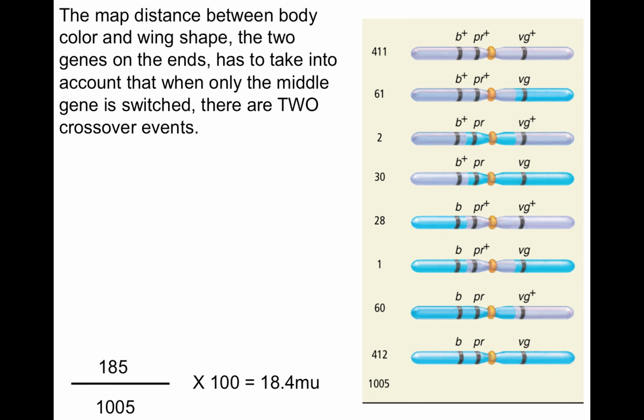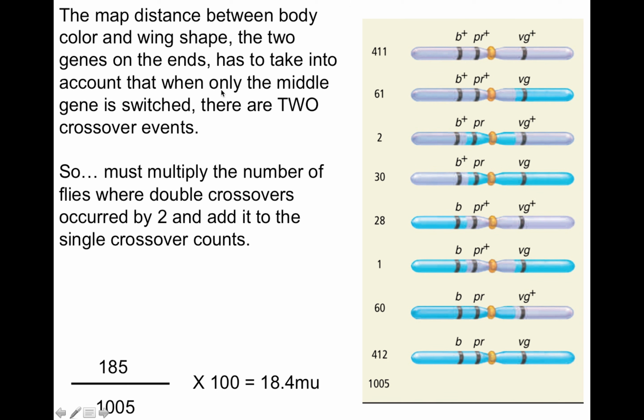The map distance between body color and wing shape spans this whole genetic region that we've been discussing. We have to remember that when we count the double recombinants, we have to multiply by 2 because there were actually 2 recombination events to produce this combination of alleles.